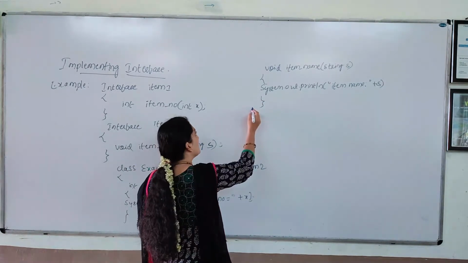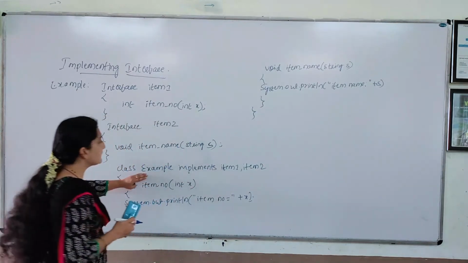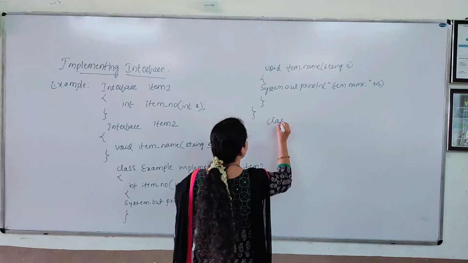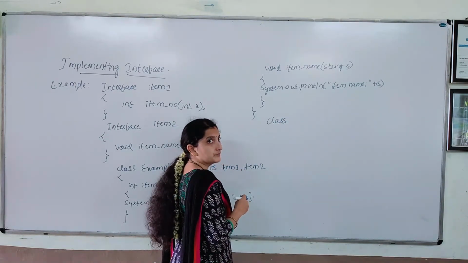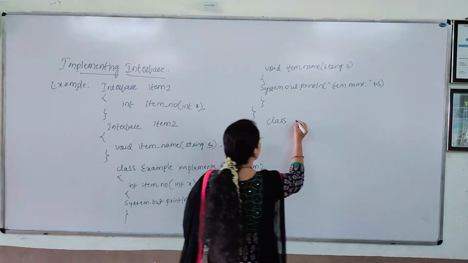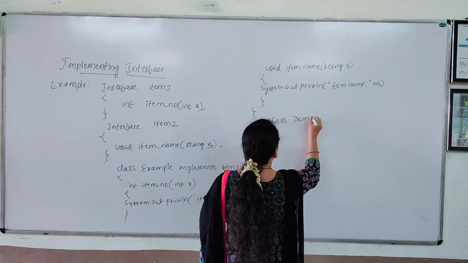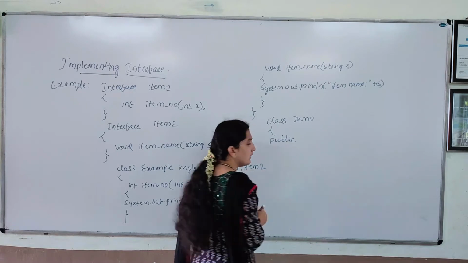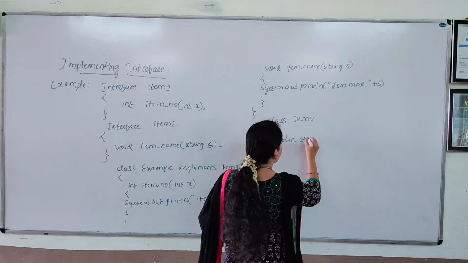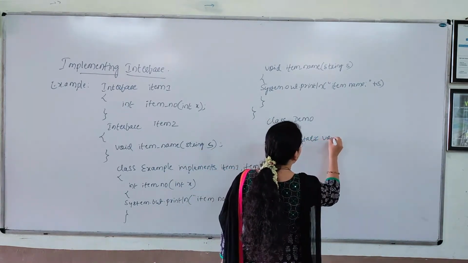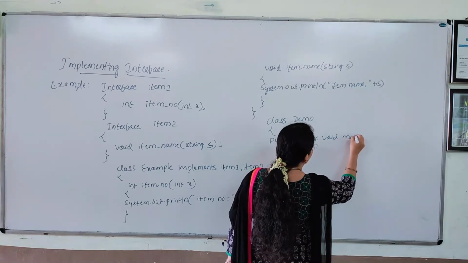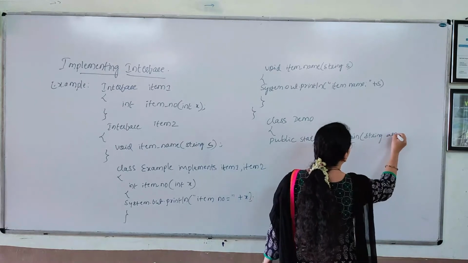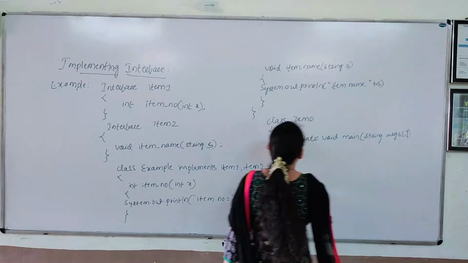Now this is class Example. Now I will write one more class, let's say class Demo. In this class, I will define the main method, public static void main, String args.